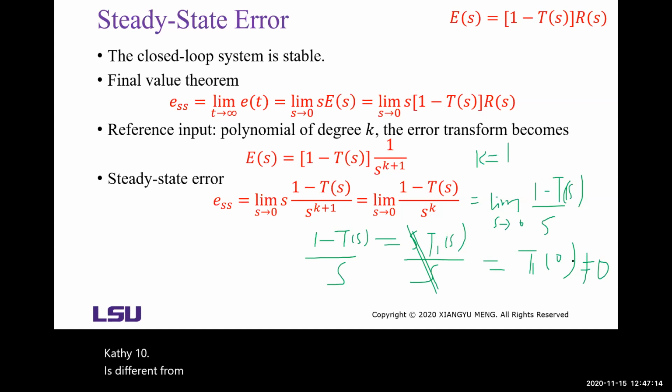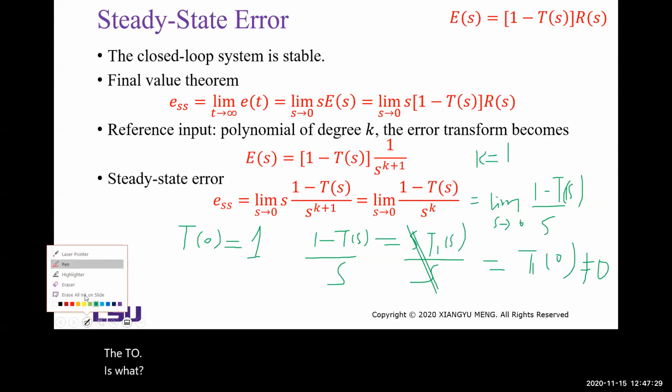So this is the type 1 system. In this case, we must have T(0) equal to 1. The DC gain of the closed loop system is 1.